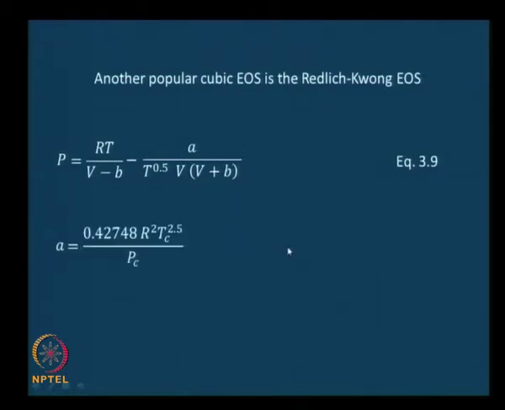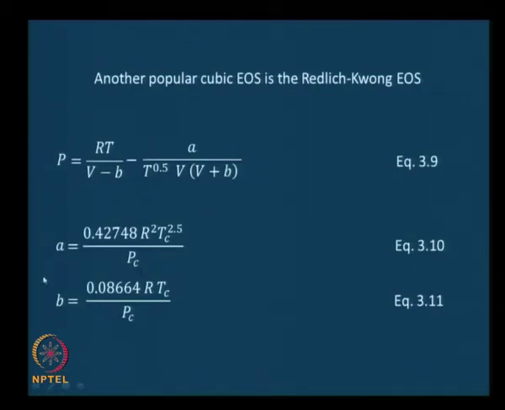A in this case is 0.42748 R squared Tc power 2.5 by Pc. We will call this equation 3.10. B equals 0.08664 R Tc by Pc. We will call this equation 3.11.